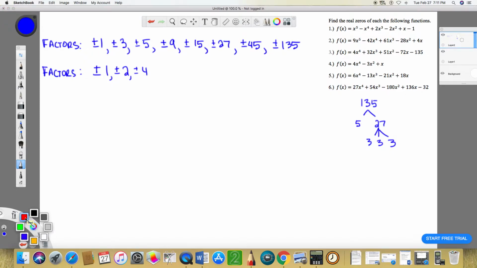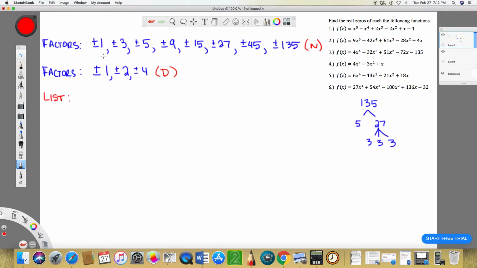So the factors of 135 are going to go in my numerator, and these in my denominator for this list. But I'm not going to write the entire list right now. I'm just going to create the list as I go and search for zeros, and hopefully I'll find what I'm looking for before I ever get to checking all of these possible values.